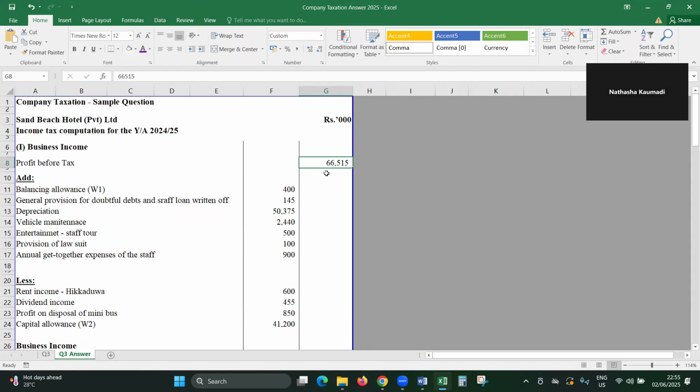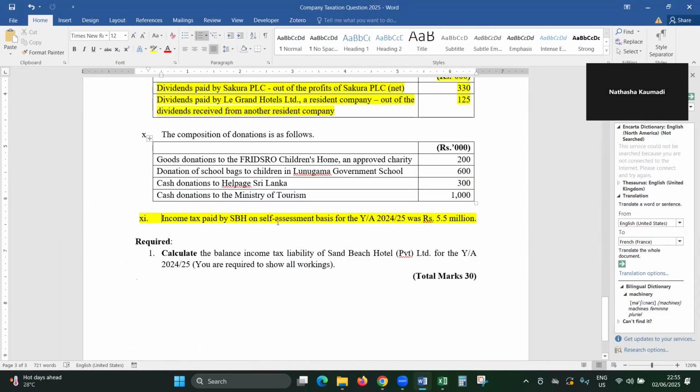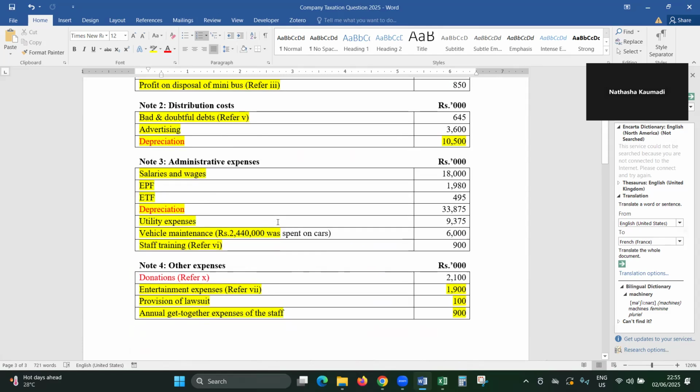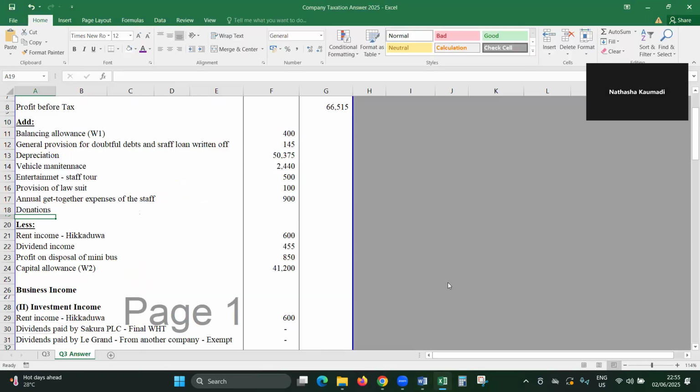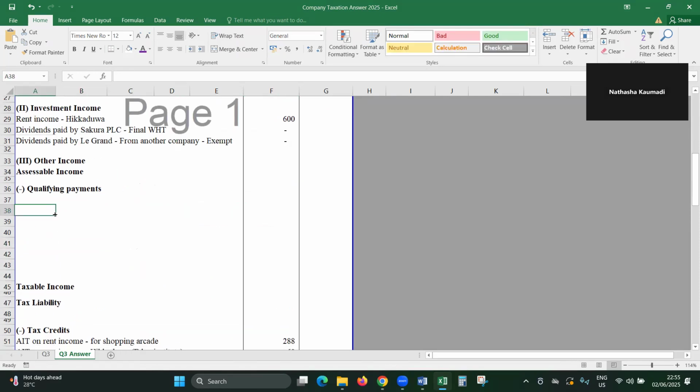So, since you are taking it under qualifying payments, first of all, you need to add back your donations. How much is the total of donations? That is equal to 2,100. So I'm adding the donations first of all. Then you can consider the donations under qualifying payments, right? We'll see how you do it.